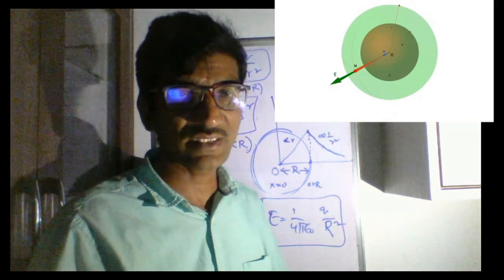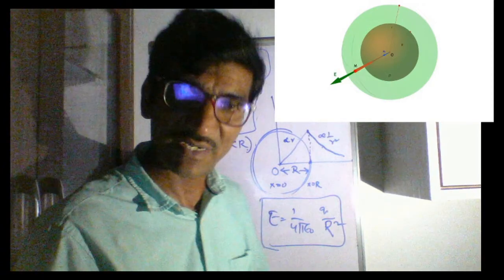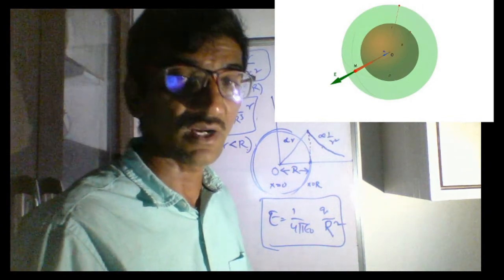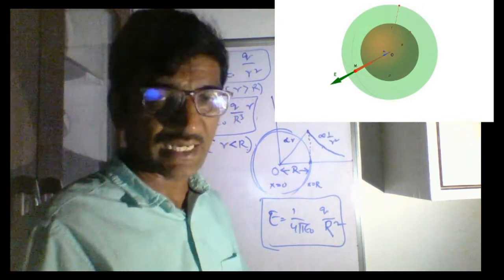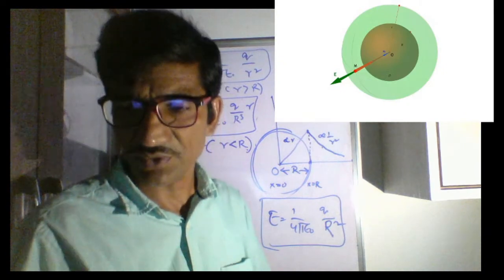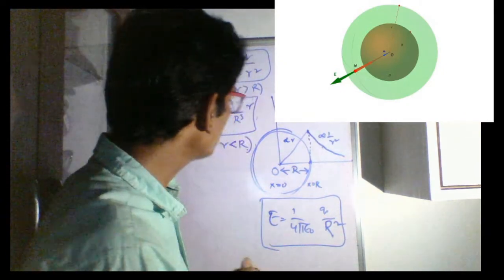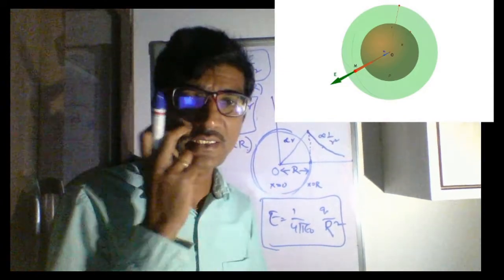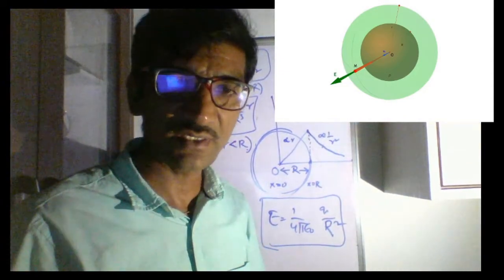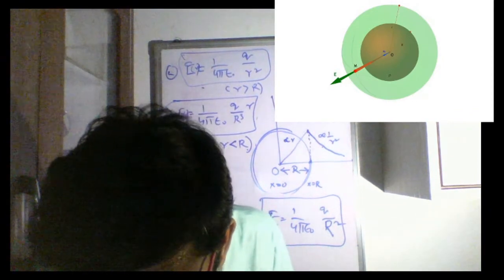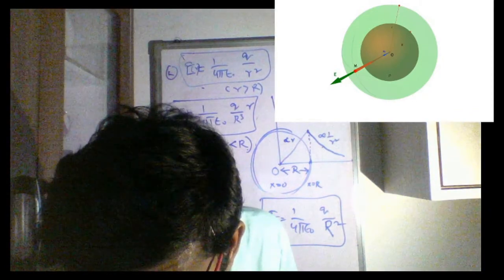You may think it is somewhat complicated, but it is the easiest way compared to other methods. That is the importance of Gauss law of electrostatics. Now, this is about our third application.